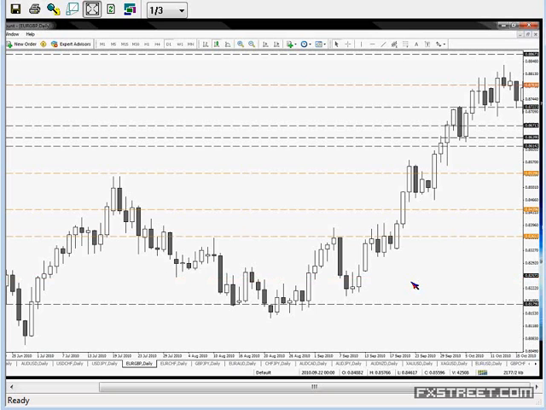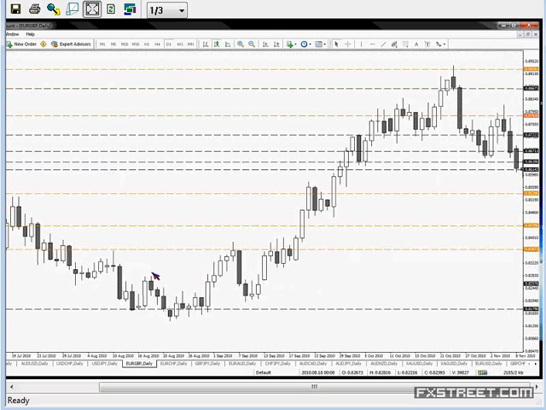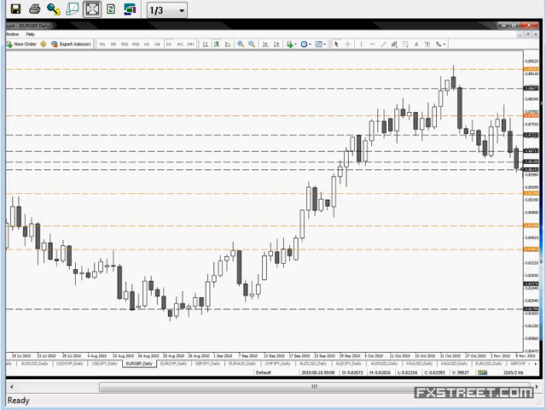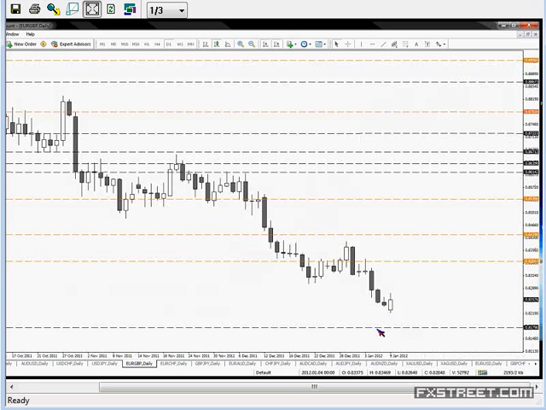So for me, you could look at it as a soft beer belly. We talk about these zones being beer bellies. But when I see sloppy closes on a zone, then I get a little bit worried. So for my chart, I would go with 8180. I would say it's slightly better.